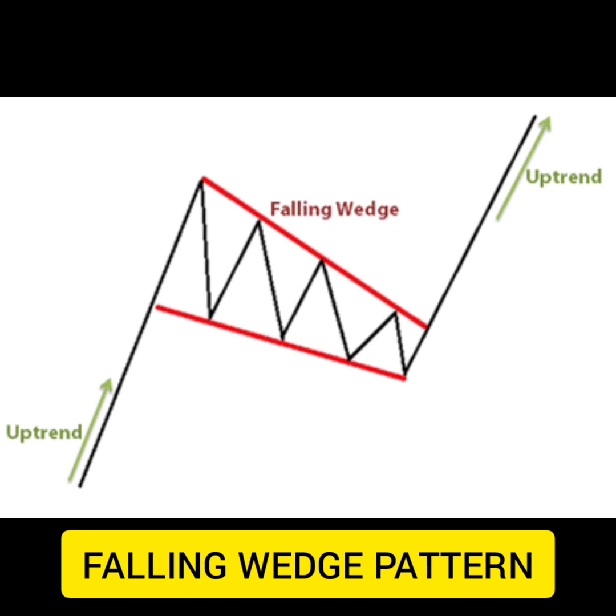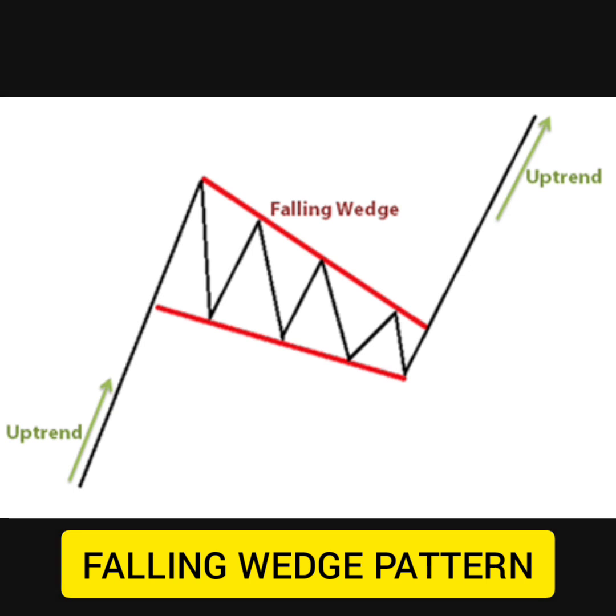The wedge consists of two slanting lines, and then the breakout occurs just afterwards. The two lines begin to contract towards each other. Basically, this is how the falling wedge operates.